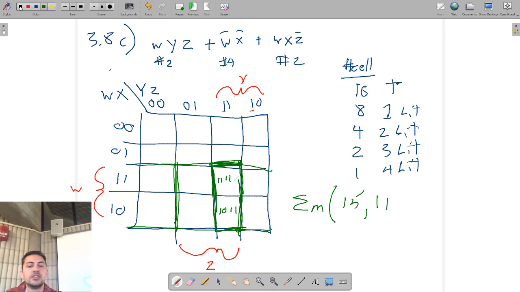Next is W bar. Well, W bar is here. And X bar. X bar is the top and the bottom. So the 4 cells that meet that criteria, nope, hold on, back that up.